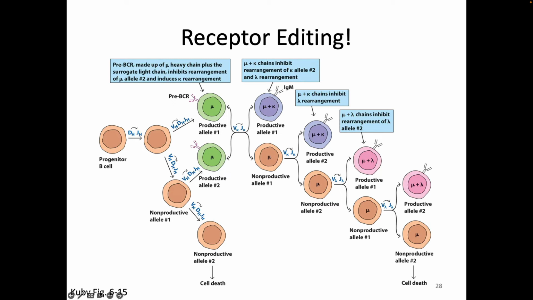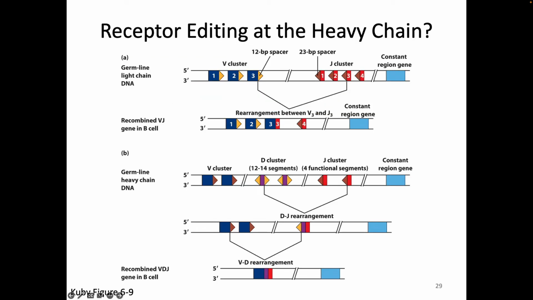So Carney asked a great question of why can't we receptor edit at the heavy chain? And I'm going to show you this image. You can see light chain rearrangement at the top, and you can see heavy chain rearrangement at the bottom for comparison.